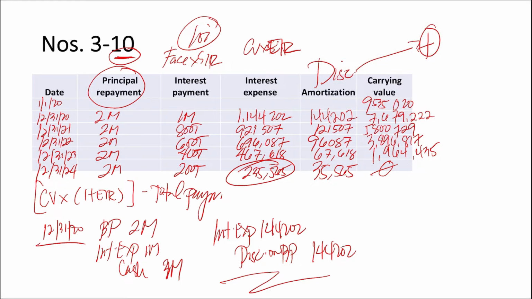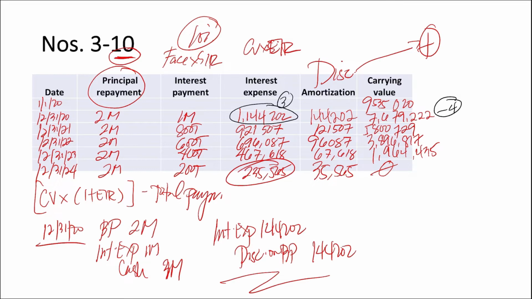Okay? Sige. Number 3. How much is the interest expense for 2020? Sagot? 1,144,202. That's your number 3. Number 4. At what amount should the bonds be presented December 31, 2020? This is your number 4. Number 5. What is the current portion of the bonds on December 31, 2020? Meron ba?